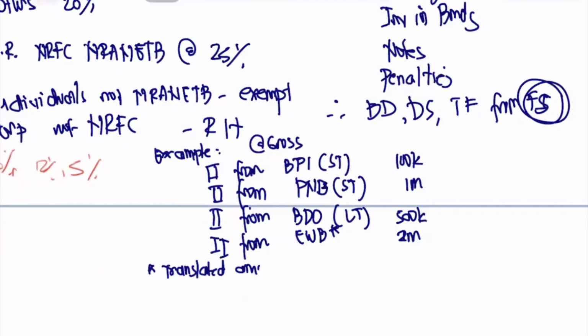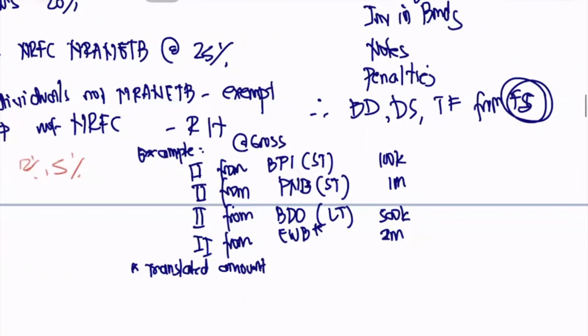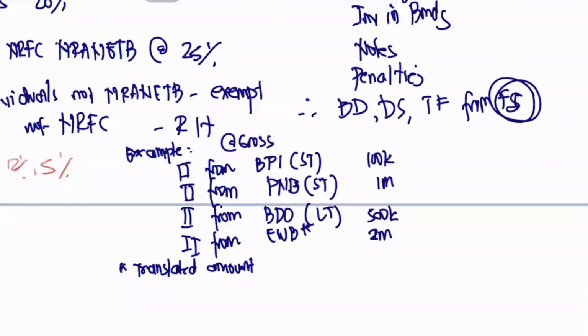Translated amount. So, first determine if ever it is local currency or foreign currency. BPI, local currency. PNB, local currency. BDO, local currency. For East West Bank, it is a translated amount, meaning it is a foreign currency. So for local currency, just determine whether it is short-term or long-term first.